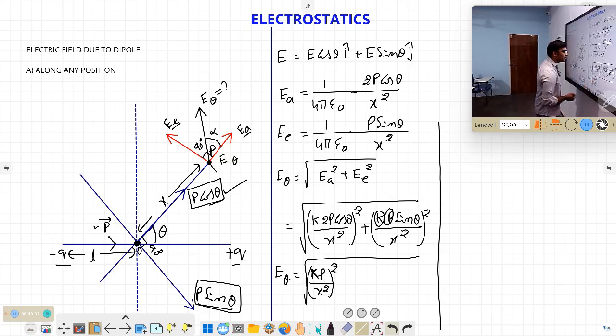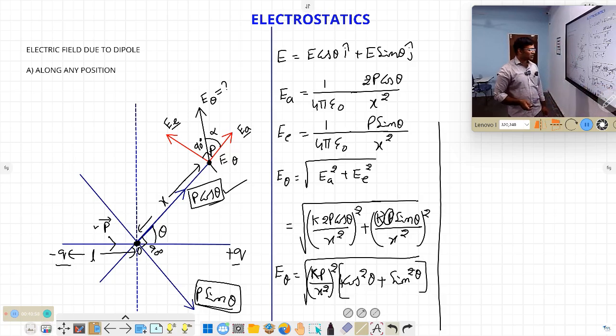If you take it common, what remains I can write as cos theta whole square, that is cos square theta, and 2 is also there, that is nothing but 4 cos square theta, plus the next one, sin square theta. Now what is 4 cos square theta plus sin square theta?